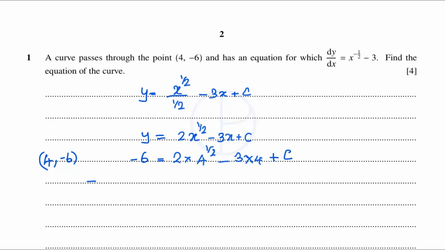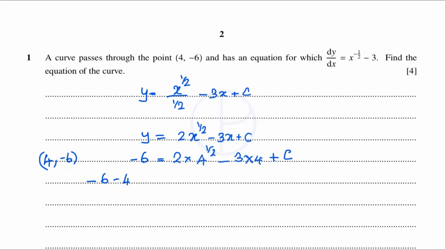So bring all the terms to the left hand side other than c. 2 times 4 power 1 over 2 is nothing but 2 times 2, which is 4, minus 4. Minus 3 times 4 is minus 12.